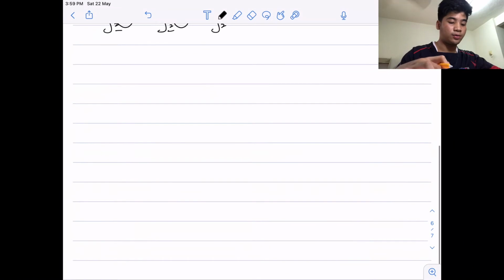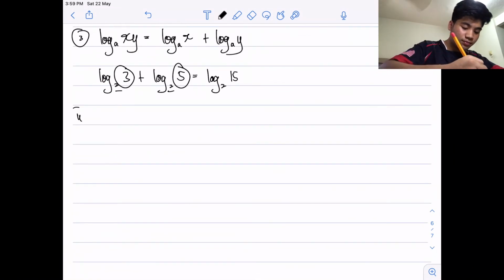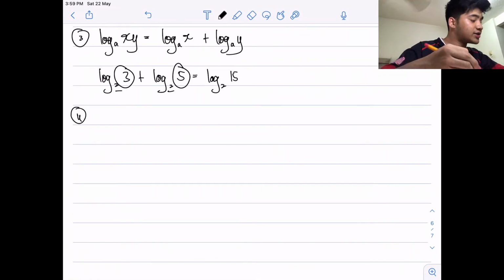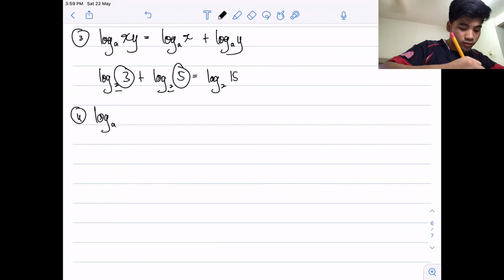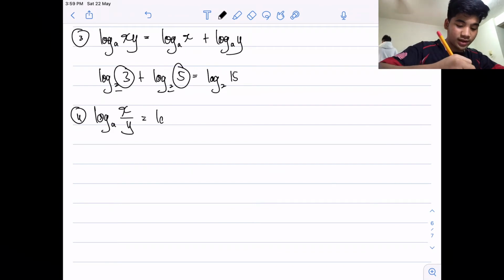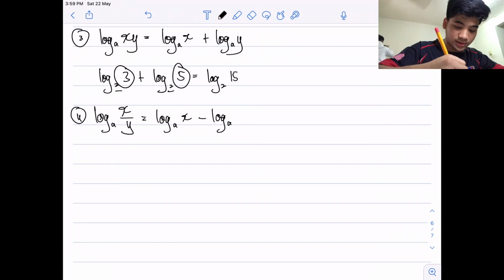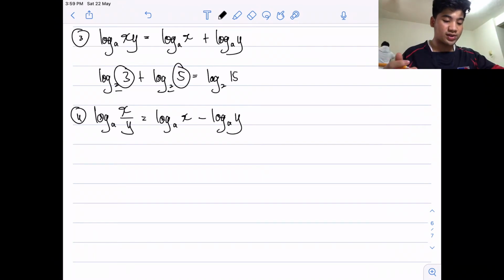Alright, let's move on to the fourth rule. The fourth law is when log base a x over y is the same thing as log base a x minus log base a y. So this is the subtraction law, basically. It's like the division law. So it's the opposite of law 3.